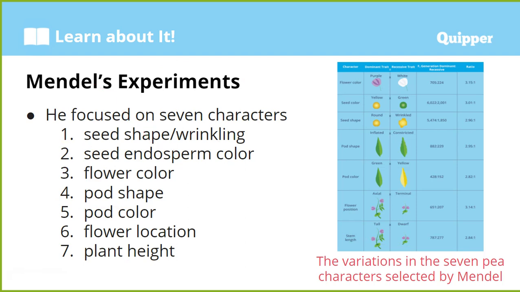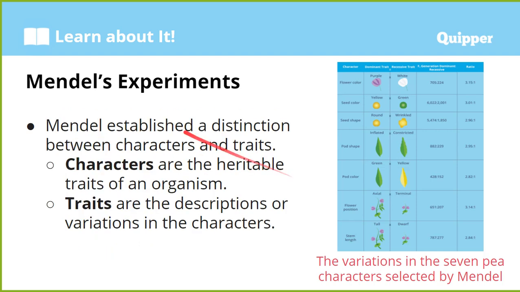So these are the 7 characters where Mendel focused. So Mendel established a distinction between characters and traits. Ito yung kanyang distinction. Characters are heritable traits of an organism.